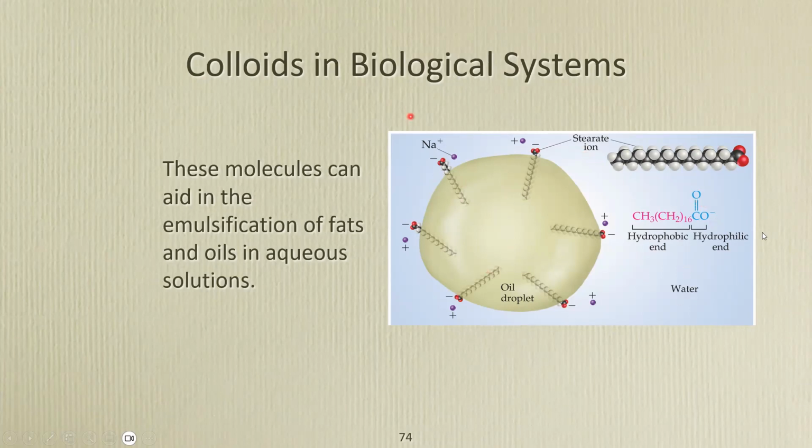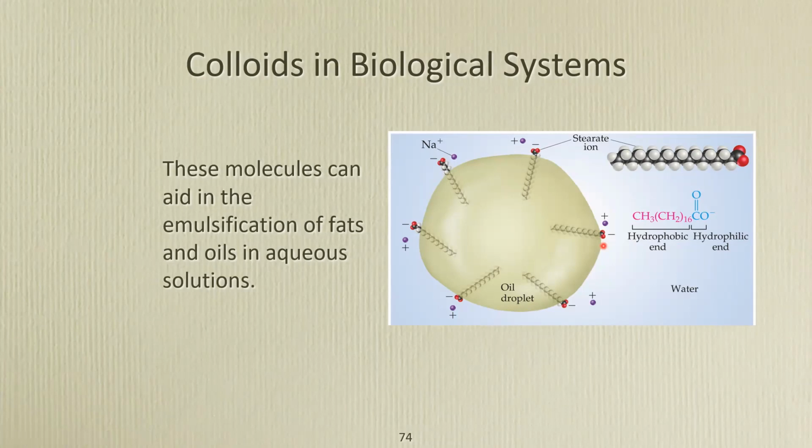And then we have it in water. So we can see the way that the sodium stearate is going to interact is so that the non-polar carbon chain is going to be in the oil, whereas the polar head is going to be in the water. And this is going to be a stabilizing interaction.